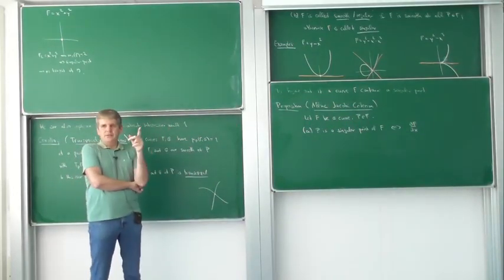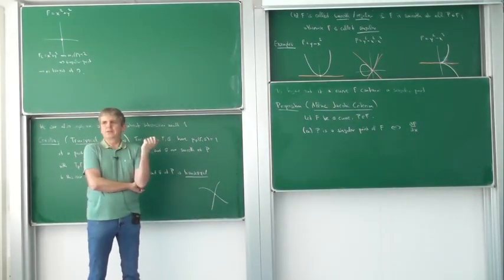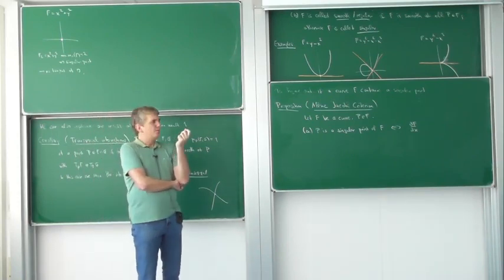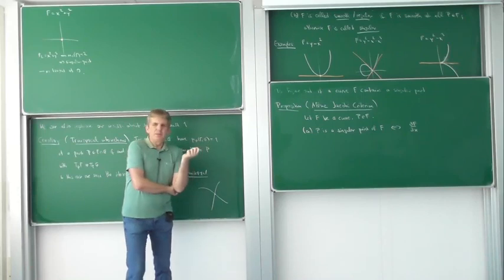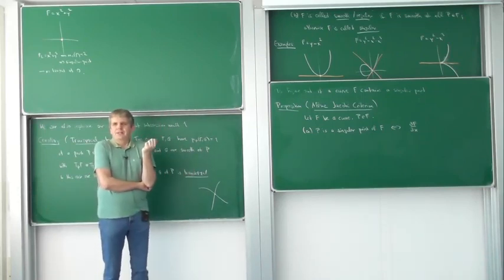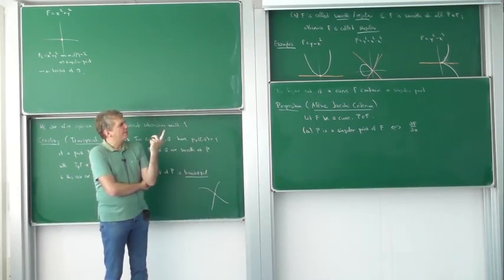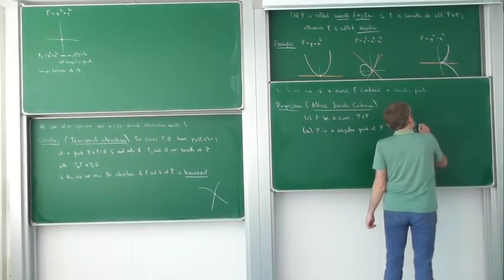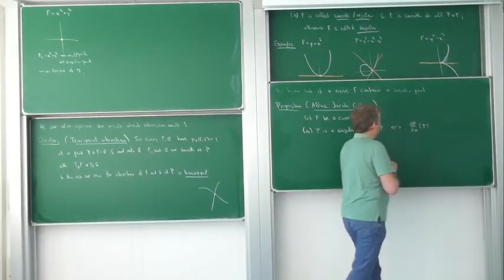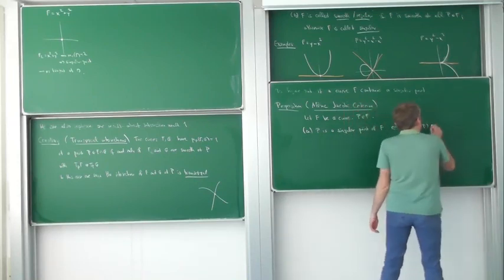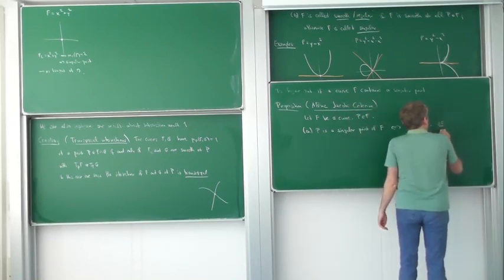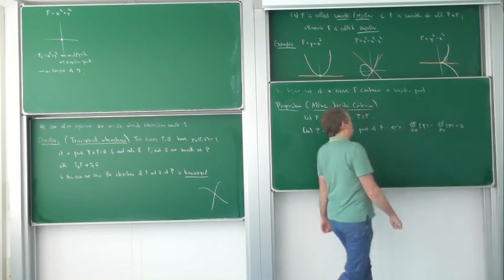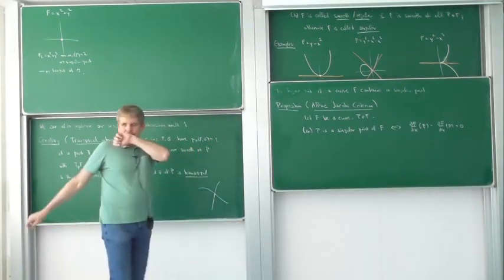Over any field, just defined by the standard rules for differentiation. You probably have seen that before. So to define derivatives for polynomials, you don't need any analysis. You just do this formally, differentiate them in the same way as you would expect. And if you evaluate this at the point P, then you get 0 for both partial derivatives. So if and only if that holds, then we have a singular point.